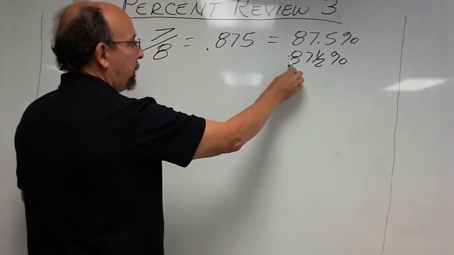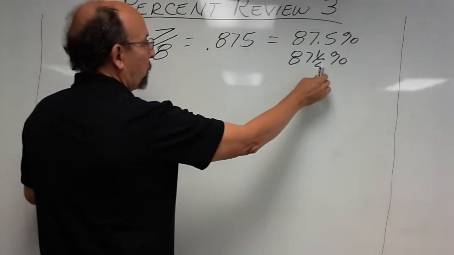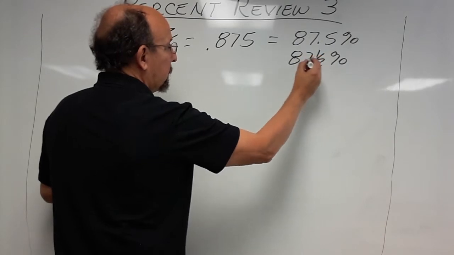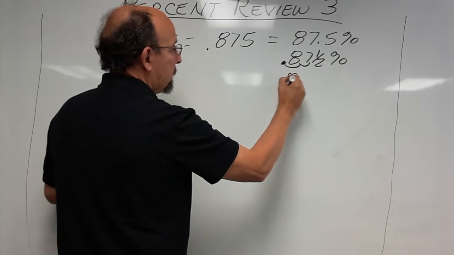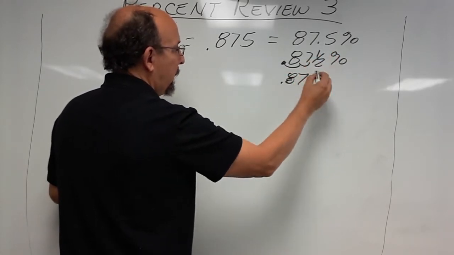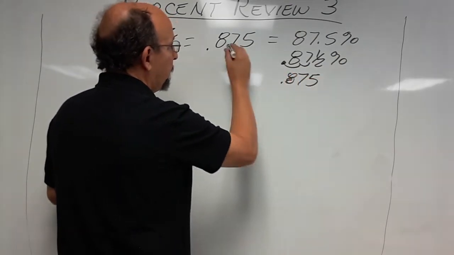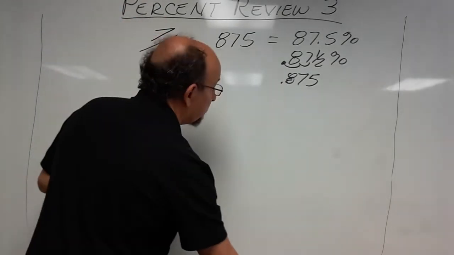Well, I have 87.5%. What is that? You take this number right here. You start here, you move 2 places, 0.87, and then that half is 0.5, and you just add the 5 on the end, 0.875. See, they're the same thing. All right?